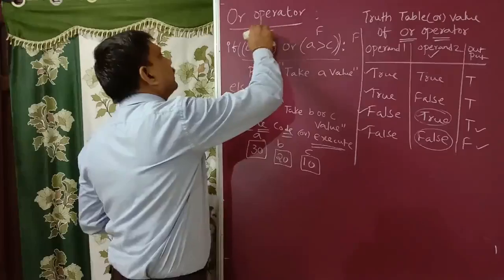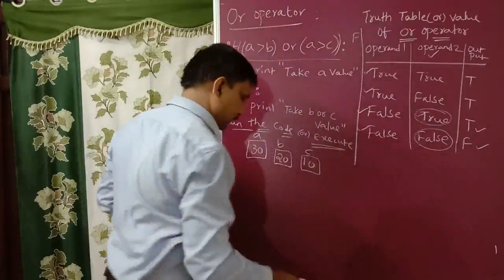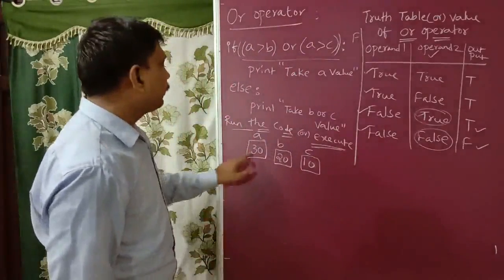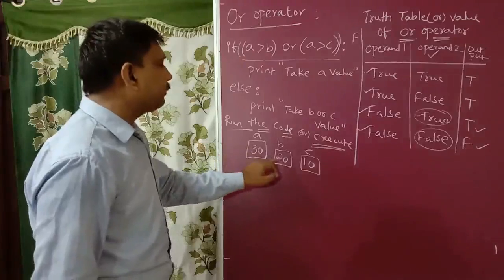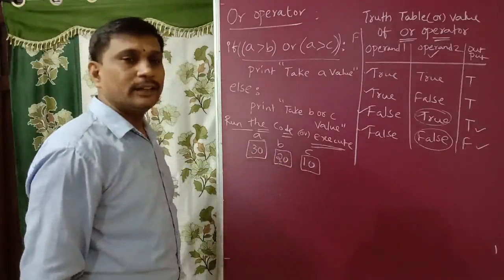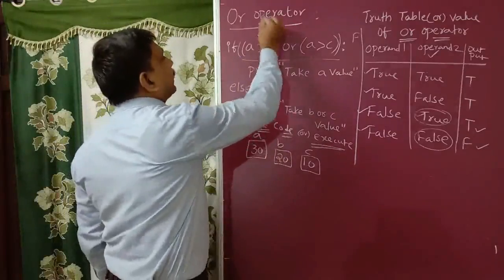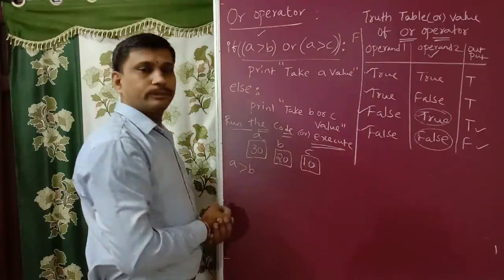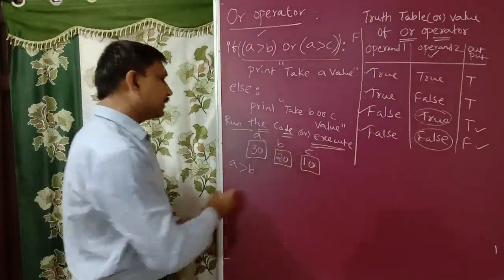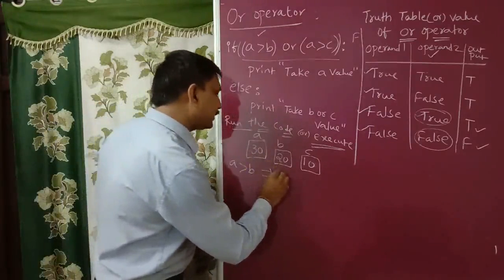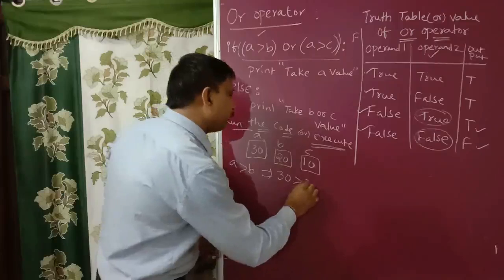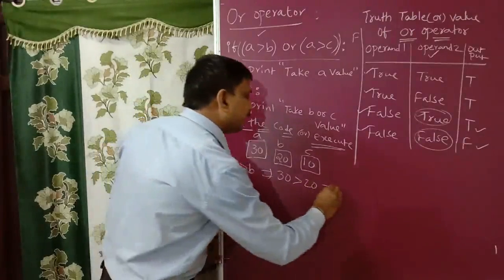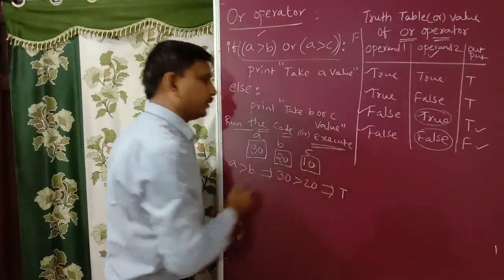Then we compare the same code with these values. First we calculate A is greater than B. A value here is 30, which is greater than B, 20. So 30 is always greater than 20, and that is why it returns true.